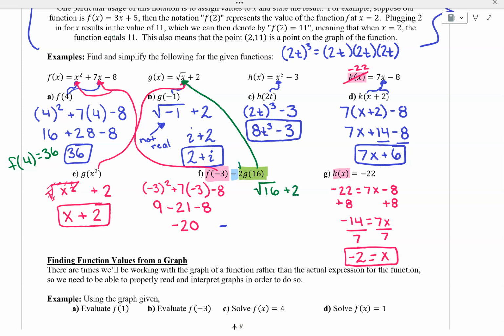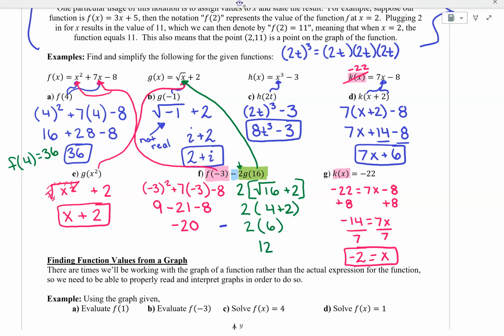But notice this 2 right here. That is wanting me to multiply whatever I get as my answer. So the square root of 16 is a 4. 4 plus 2 is a 6. And I'm going to go ahead and just put that right there. And then 2 times 6 is a 12.